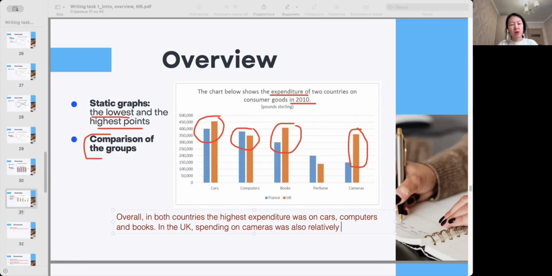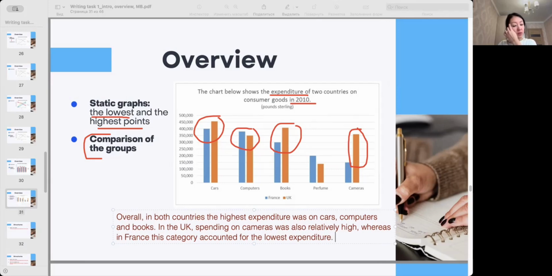It's better to avoid using also, but maybe I will find a way to paraphrase it later. Relatively high, whereas in France, this category, let's paraphrase a bit, for example, accounted for the lowest expenditure.